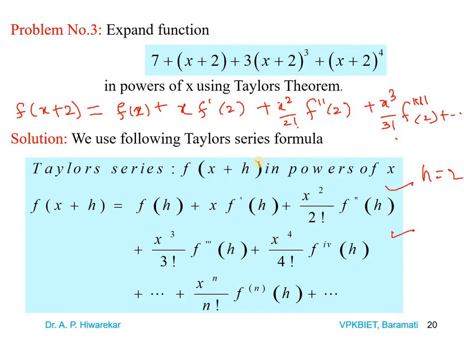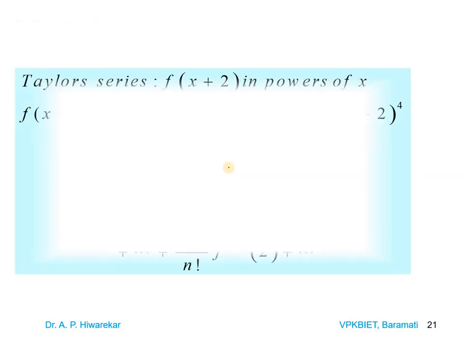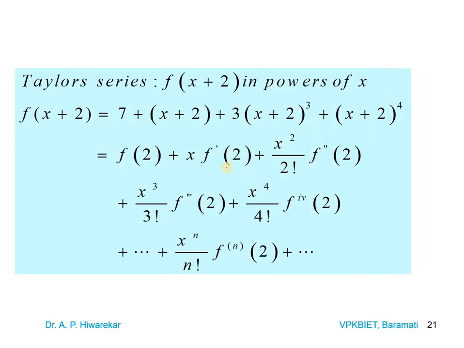This is a general formula and we have taken a particular case here. Okay, I think you are getting this. I already explained this particular formula in the previous slide.